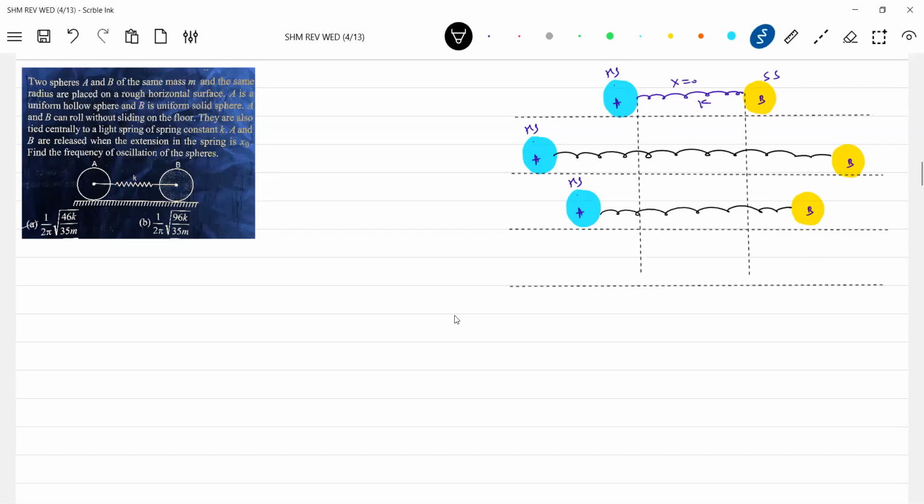Let me directly come to this one. This is x1, this is x2. So how much is the spring force? The spring is connected to the midpoint, exactly the center. Try to see that.